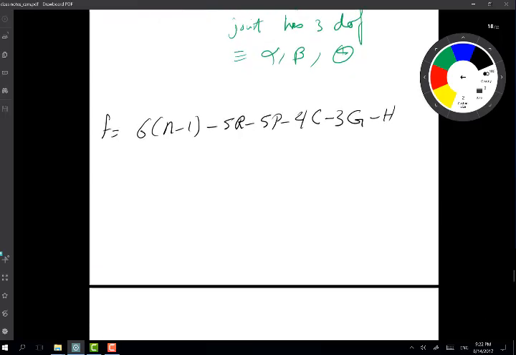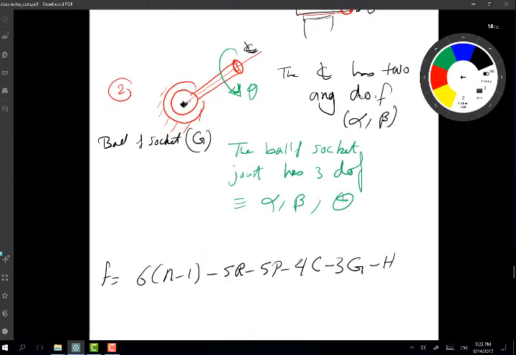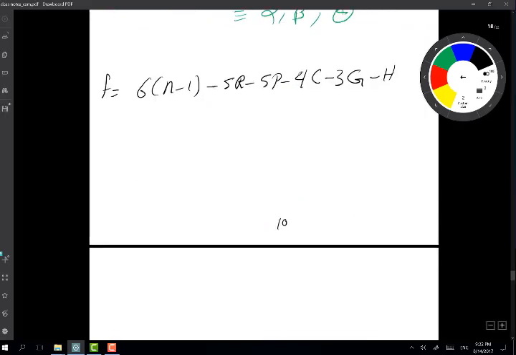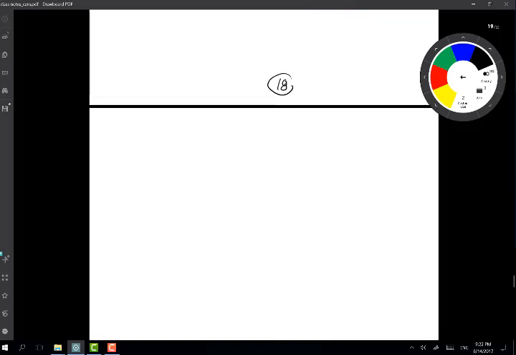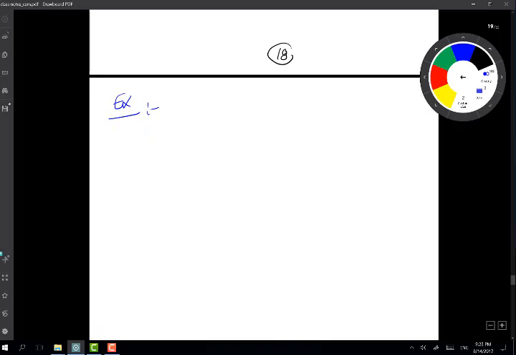And let's look at an example. Let's do one example. All right, so that's the example here. I'm going to talk about something called a universal joint in this example. Some people call it the cardan joint as well.